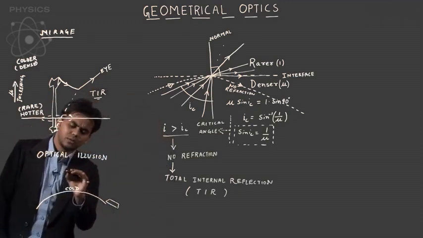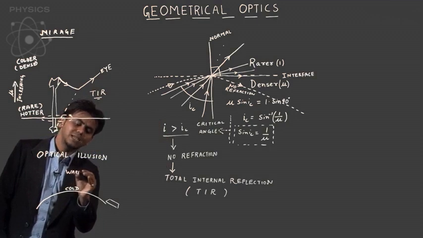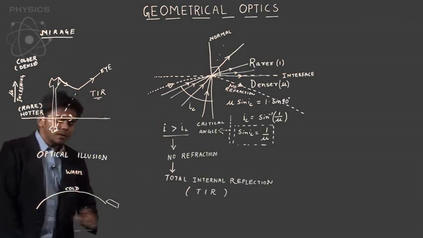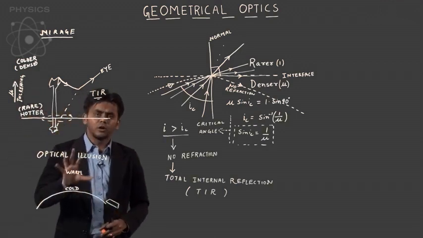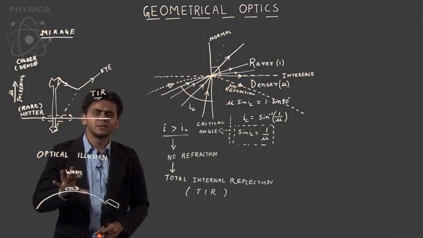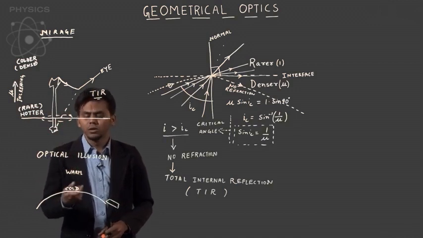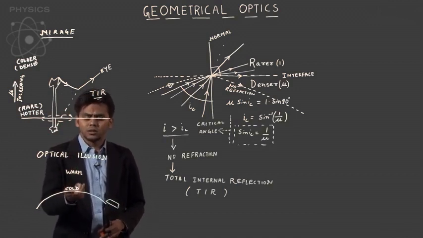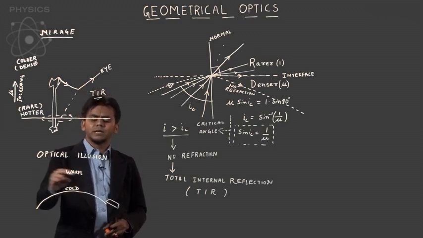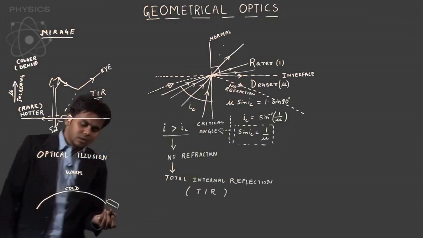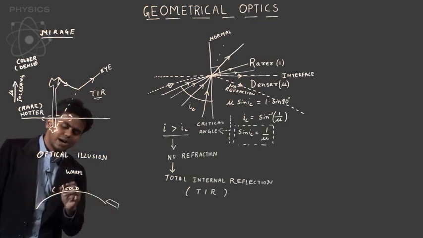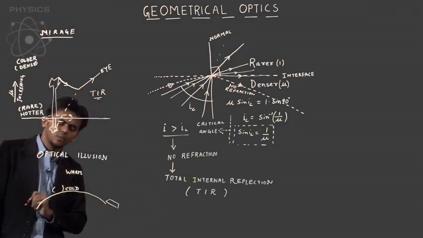And one more assumption is taken care of, that this is only thought of for cold climate situations. Only then your water would be cold. Comparatively, a lot of change in temperature would be happening between the air above and the water surface here. Now this is having higher mu, this is lower mu.